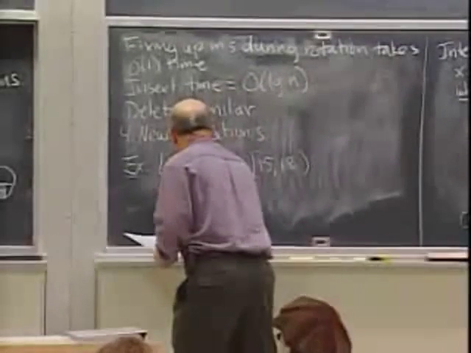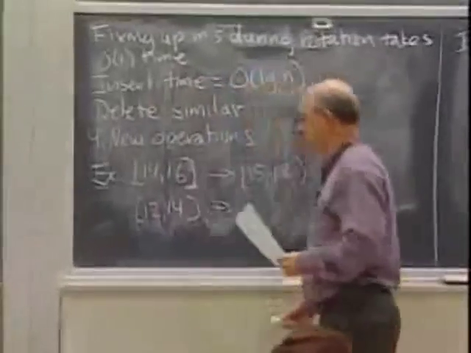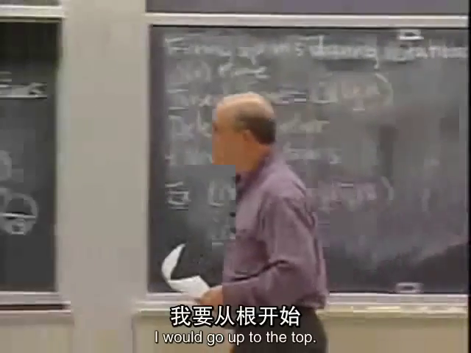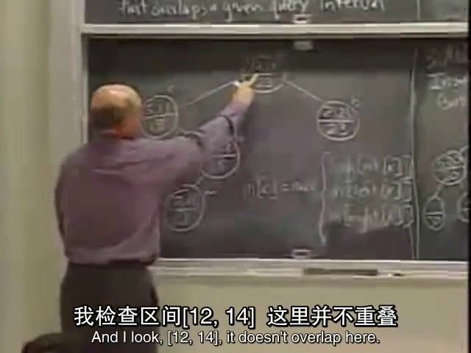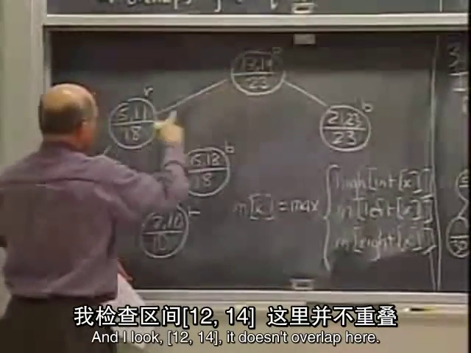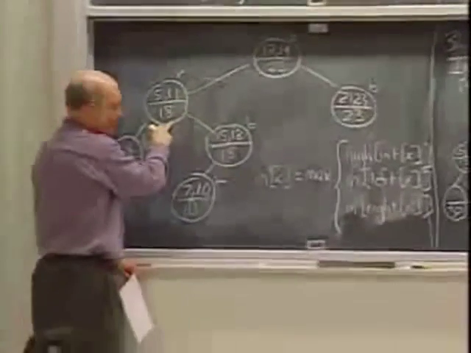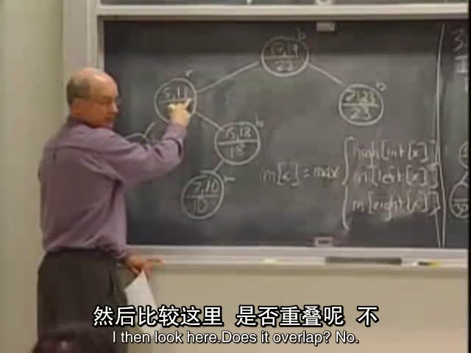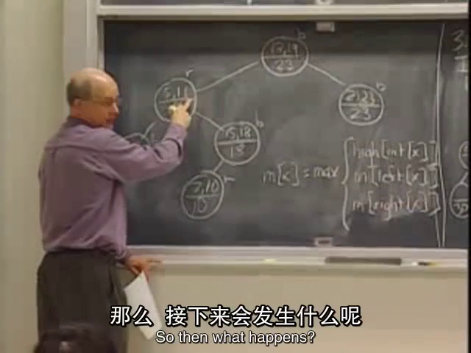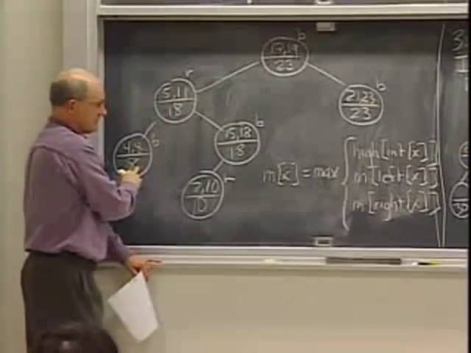If I were searching for 12, 14, I go up to the top and I look. Does 12, 14 overlap here? It doesn't. I look at the 18, and it's greater, so I go left. I then look here. Does it overlap? No. I look at the left.